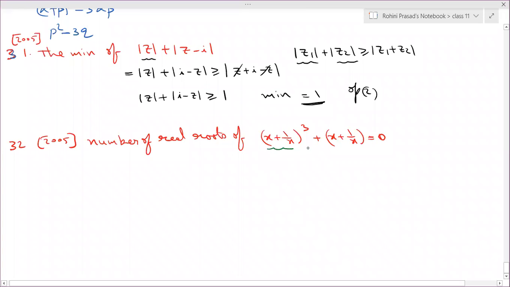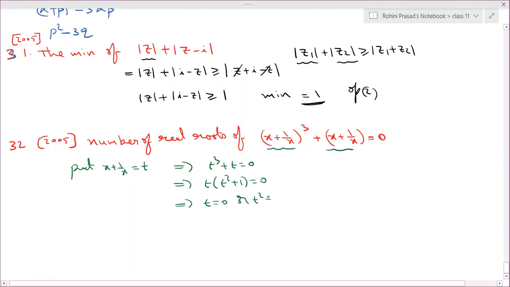To find the number of real roots, let us try to solve this by putting x plus 1 by x equal to t. That implies t cube plus t equal to 0. That implies t into t square plus 1 equal to 0. That implies t equal to 0 or t square plus 1 equal to 0.